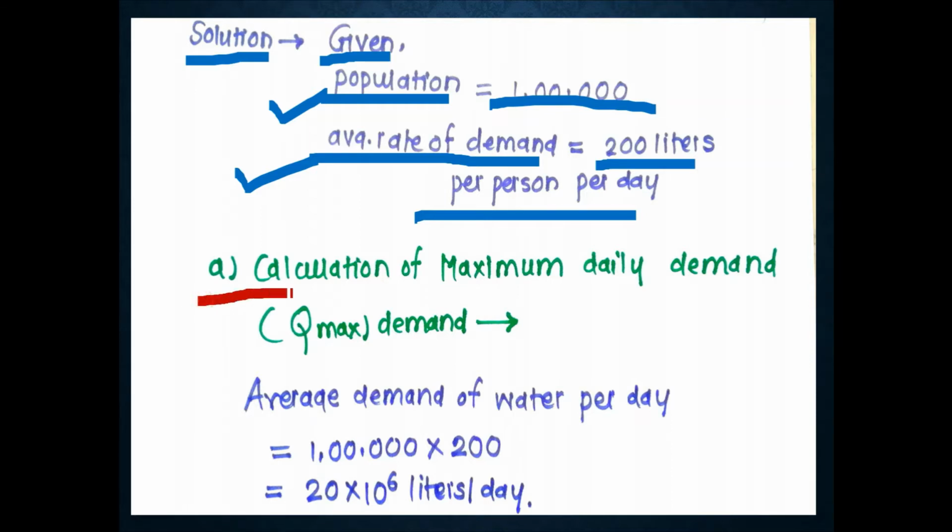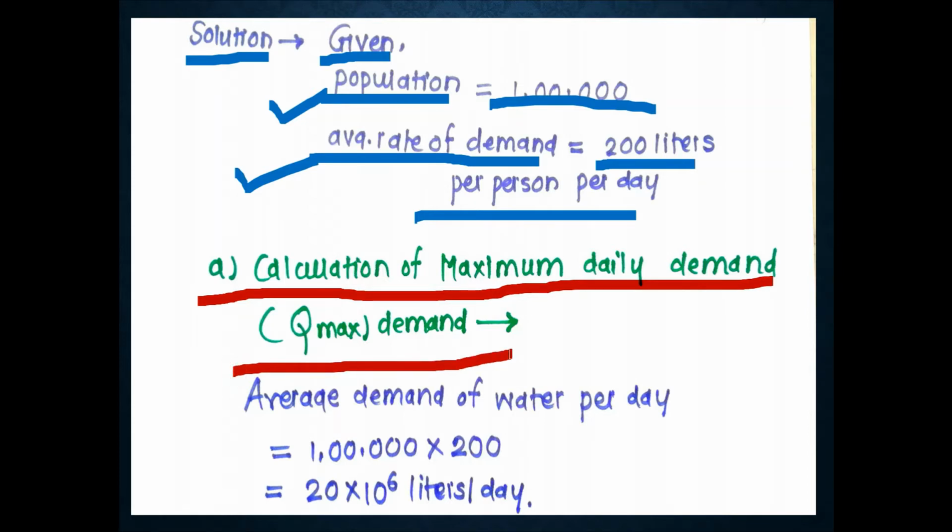First step, calculation of maximum daily demand, or Qmax of the demand, which is coming at your treatment unit. First we will calculate the average demand of water per day. The entire city population is 1 lakh, and 200 liters per capita per day is the average rate of demand.